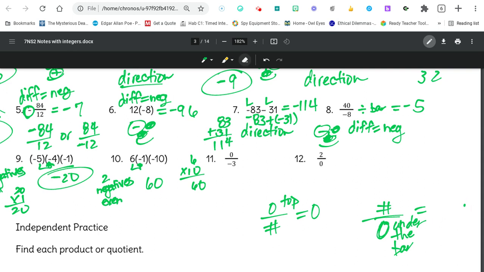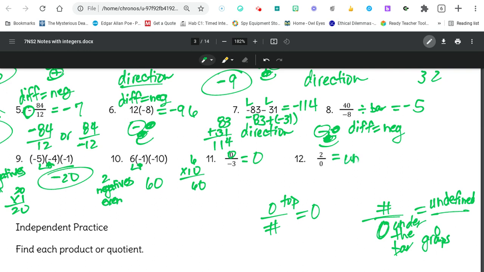Let me write this where you can read it. It's undefined, which means your answer doesn't exist, okay? Because you can't take a group of 5 people and put them into 0 groups. This means 0 groups. 0 groups doesn't exist, guys, okay? All right, so I can take nothing and divide it into groups, so the answer is just nothing. But I can't take 2 and divide it by 0.